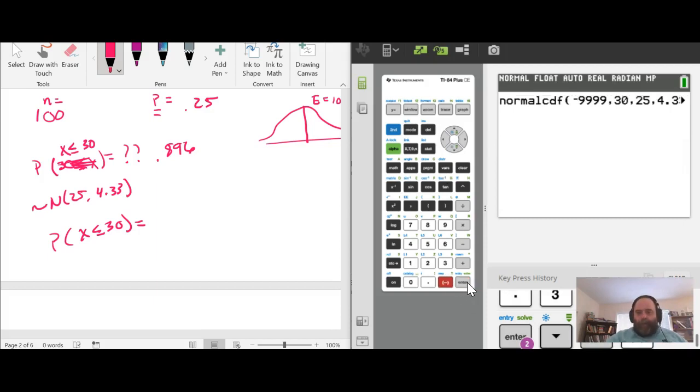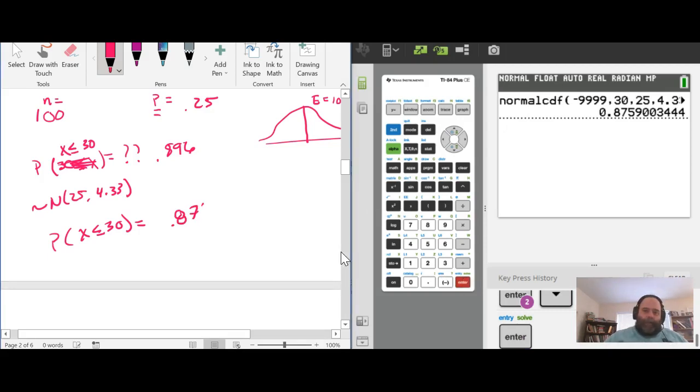Negative, not minus. There we go. All right, so it's giving me 0.876. Now the question is, these are close. Are they close enough? 89.6, 87.6, they're pretty much close enough for all intents and purposes here, right? We're off by maybe 2%.